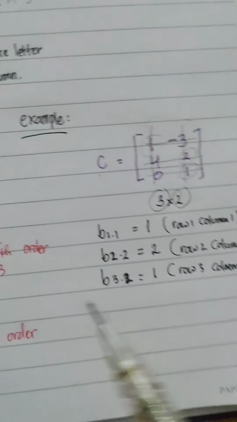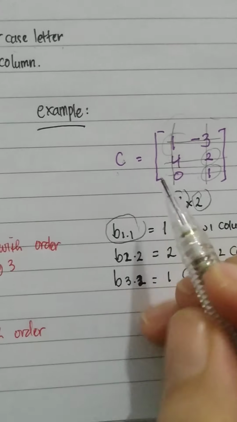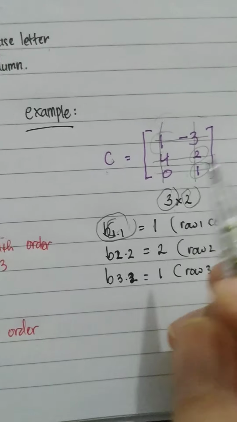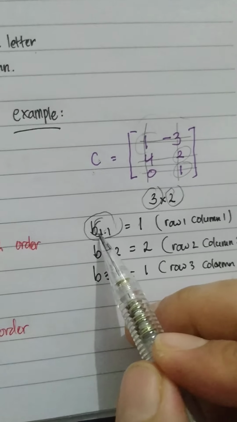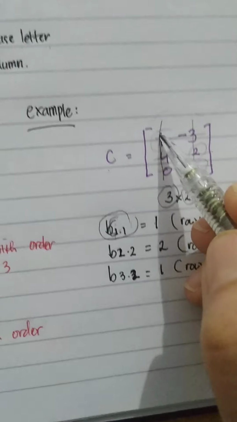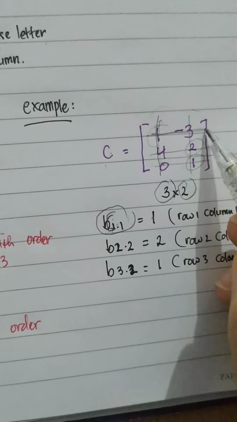Then the other question is, how about the element of matrix C, row 1 and column 1? You can see this is the first row, and then first row and first column.